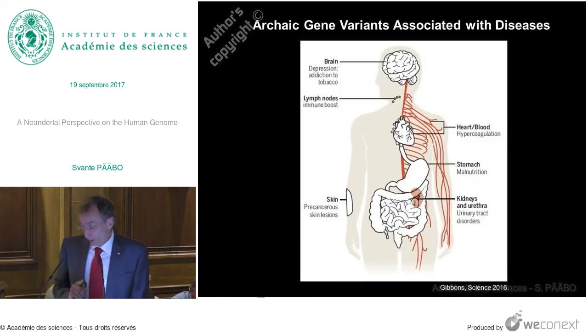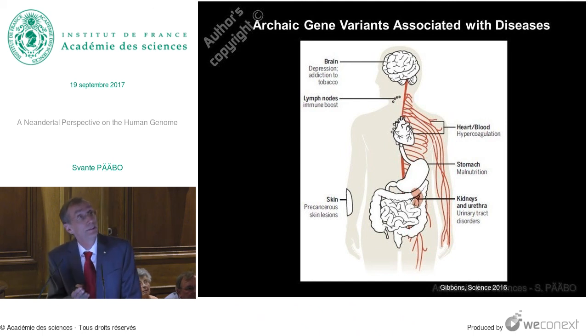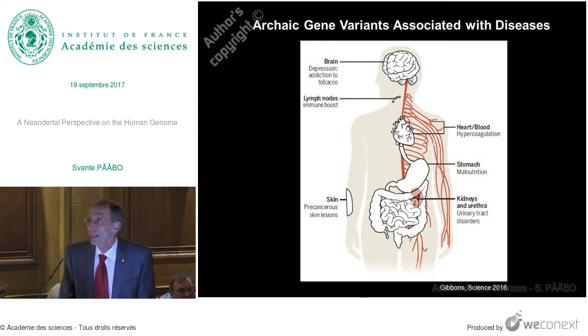But we should not forget that most variants today seem to be negative. So most Neanderthal variants you find in the population and find an association with are associated with diseases, things like hypercoagulation, many skin diseases, even things like depression, and so on. So there seems to have been negative selection overall against most of the variants coming from Neanderthals.